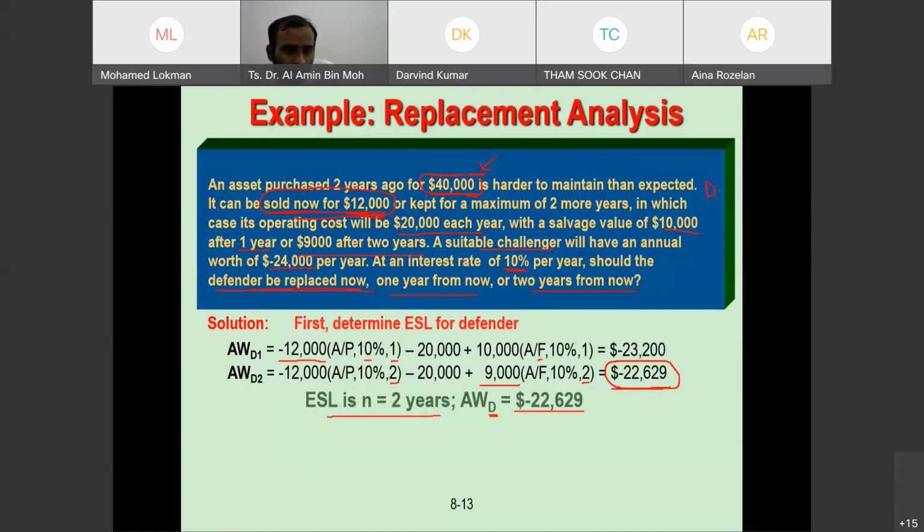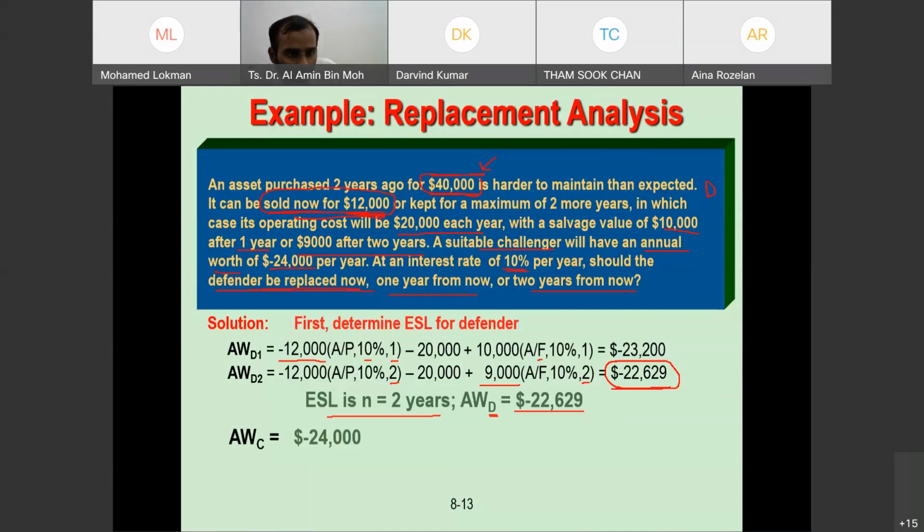So now we are going to compare with the challenger. In this case for the challenger, they give the annual worth, right? What is the AW for challenger? 24,000. That means we no need to do any calculation because they give that, right? So now we can compare.